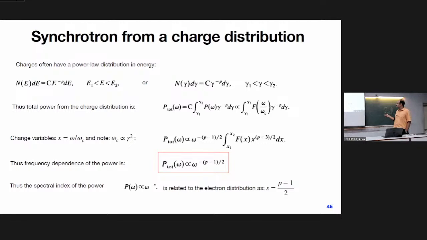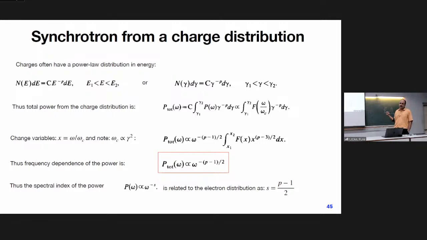We'll have some constants coming outside, which we'll ignore for now. You'll find you can transform this integral into a standard integral, which again can be tabulated. And then this term outside. So the frequency dependence of a region with a power law distribution of electrons goes as omega to the power minus (p minus 1) by 2.